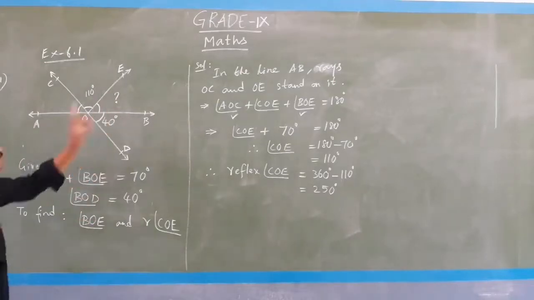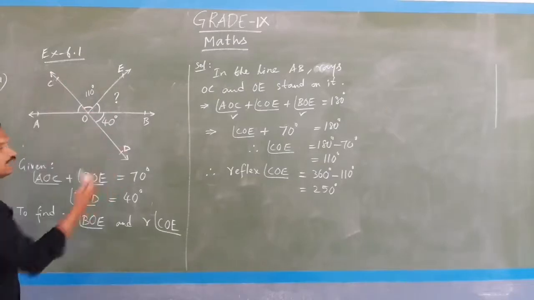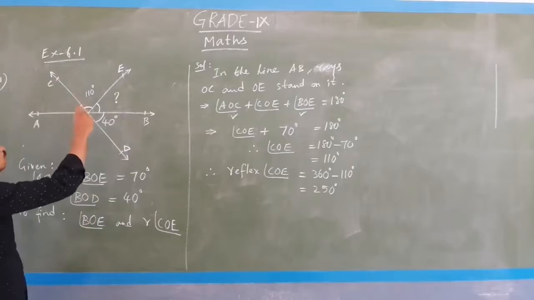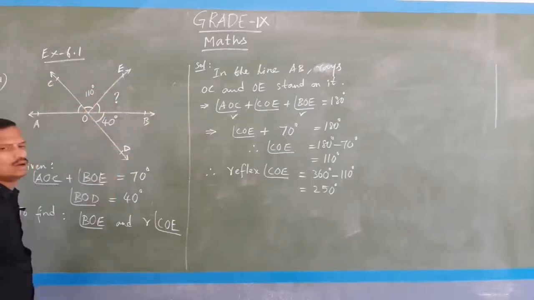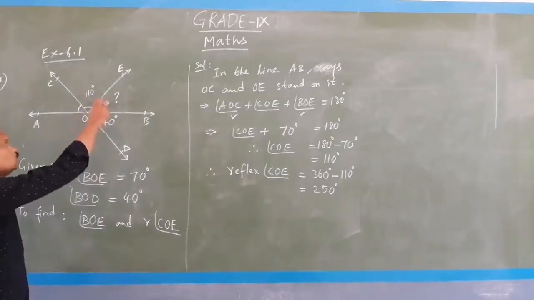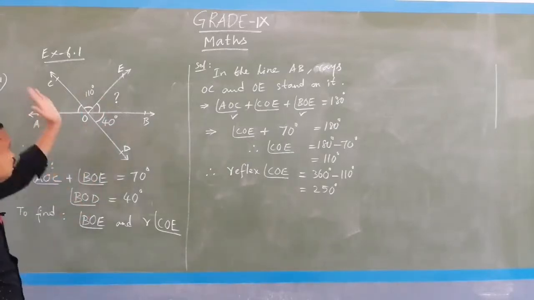So, BOE we need. So, now we can take this CD a line on which OE and OB are the 2 rays standing on it. Then we get 3 angles 1, 2, 3. Am I right? The same concept we use by taking line CD.